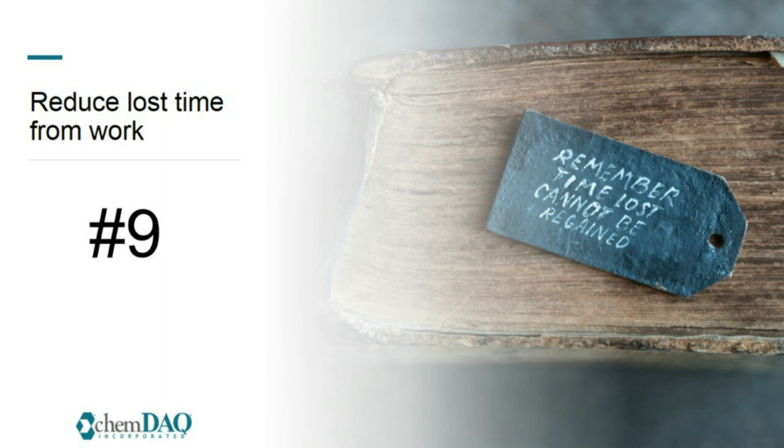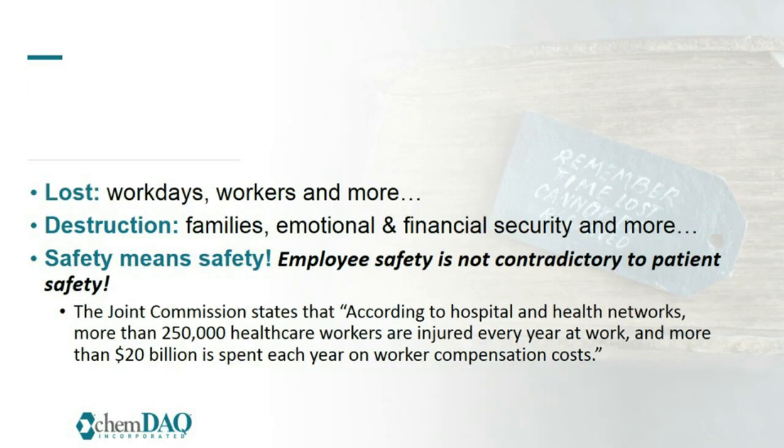According to the Bureau of Labor Statistics, in 2018, there were 512,000 injuries and 32,700 illnesses in the healthcare and social assistance industry, or 310 per 10,000 full-time workers.